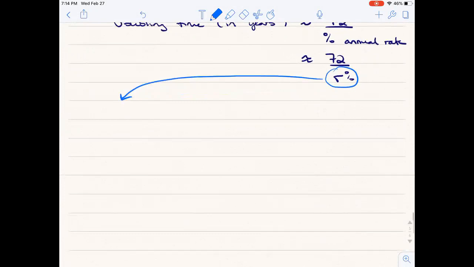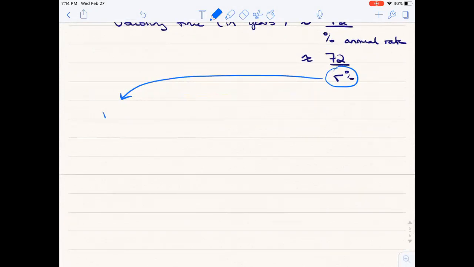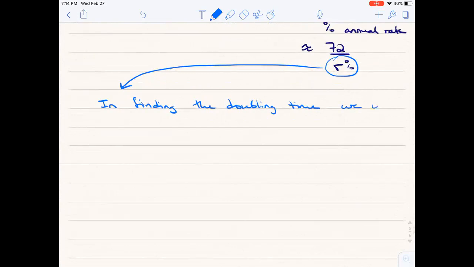I'll just make a note here. In finding the doubling time, we will use the percent annual interest rate, which means this is the only time, and I can't remember if this is the course or the other course, but anyways, this is the only time where we're going to use just the percentage, right?